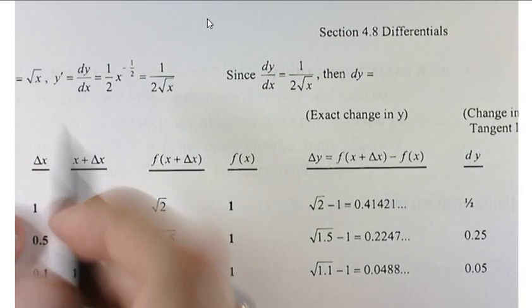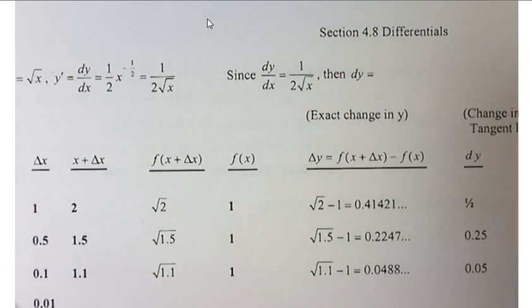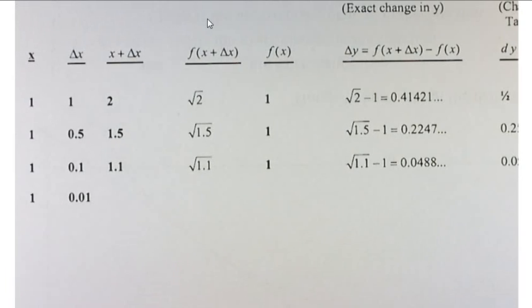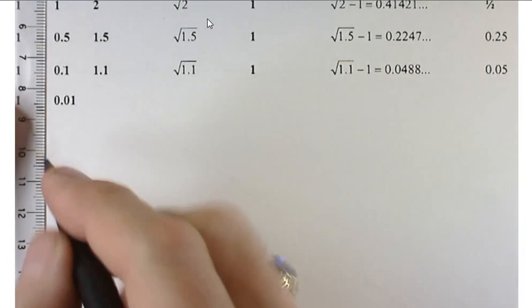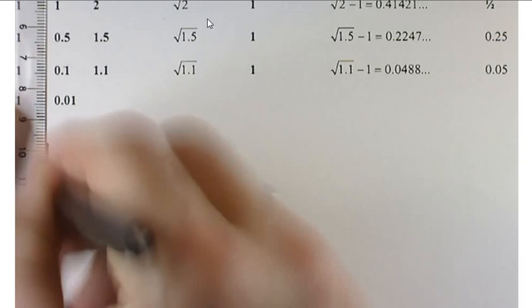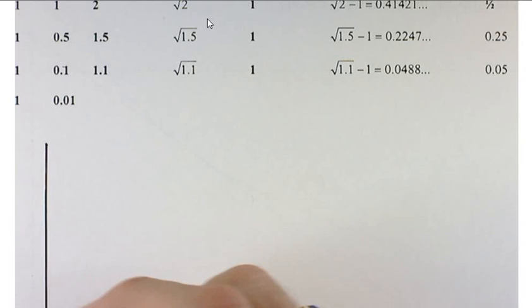We're going to work with this function, y equals the square root of x, and we're going to approximate this function near x equal 1. So let me graph this and give you a nice graphical display about what we're doing. I'm just going to draw a rough and exaggerated graph of the square root function.